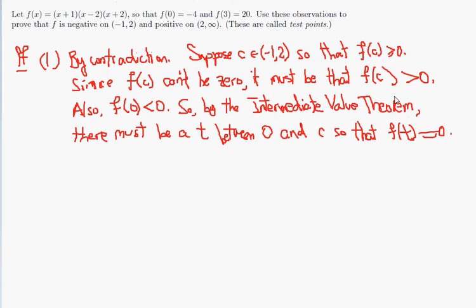Okay, so f of c is too big, f of 0 is too small, so there must be some point in between the two so that that is just right, so that f of t is equal to 0.